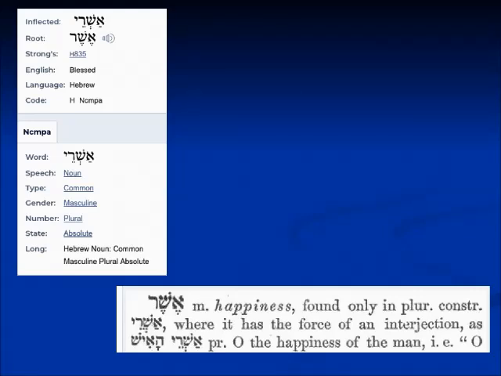The Gesenius piece I have pasted below says that it comes from a word, esher. Esher means happiness, but it is only found in the plural construct. So he says it's a plural construct, and he gives us the interpretation, the happinesses of the man. It's not something that we would express in English in that term.